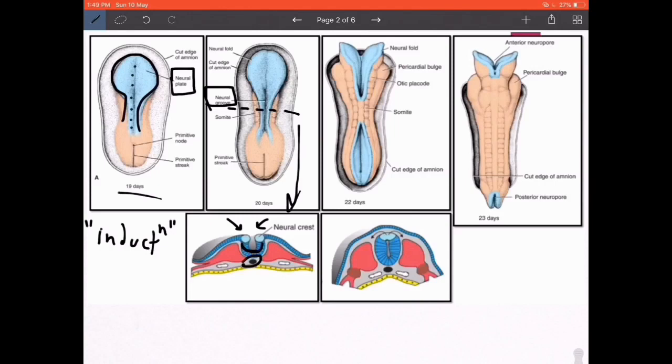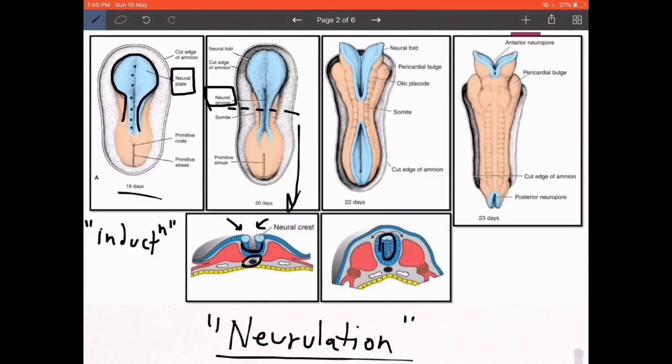And these two creases eventually fuse together to form a tubular structure that is known as the neural tube. So the process of formation of the neural tube from the neural ectoderm overlying the notochord is known as neurulation.